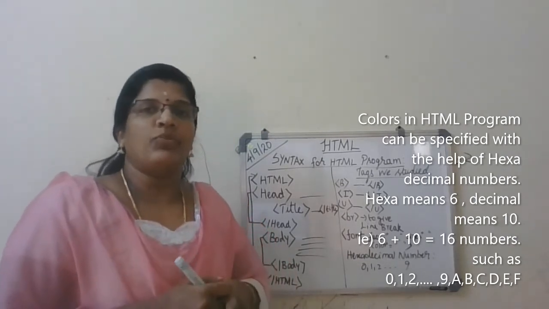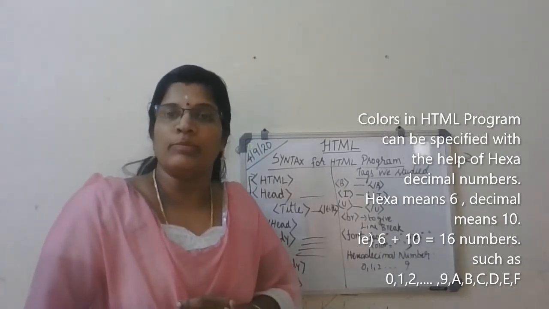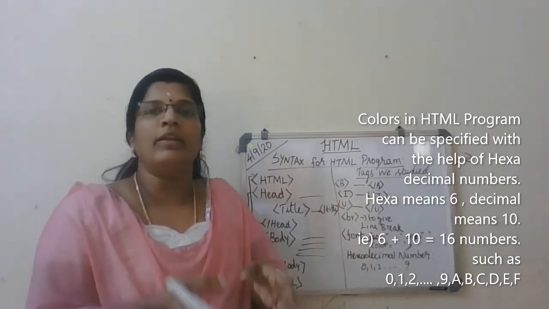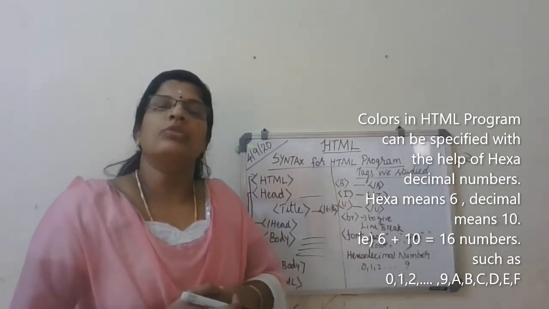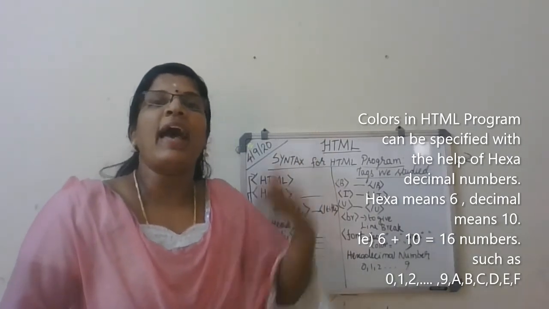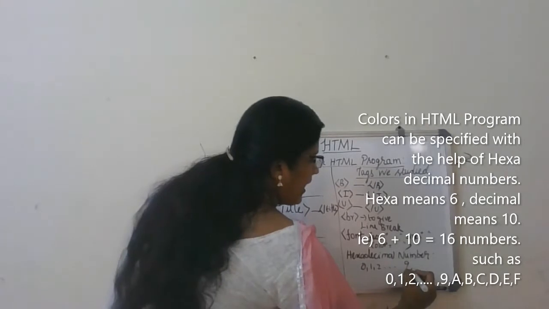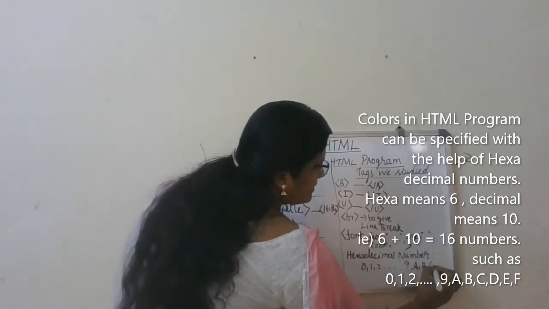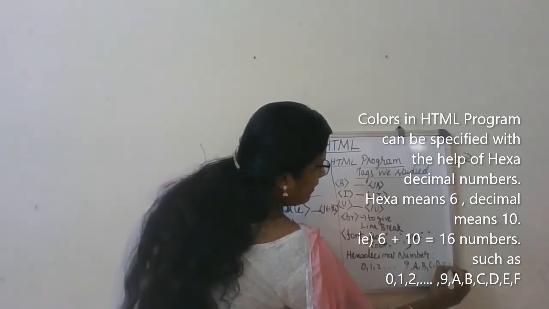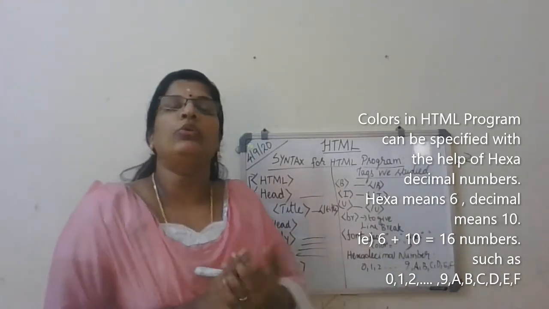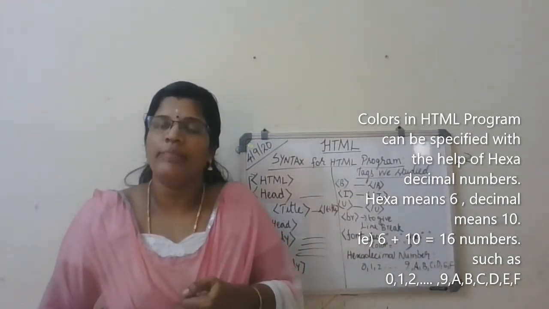Total 10 numbers, right? We need six more, right? We are not supposed to write 10, 11, 12 likewise. So in this case, we have taken alphabets, the first 6 alphabets: A, B, C, D, E, F. You can take the digits 0 to 9, then the letters A to F.